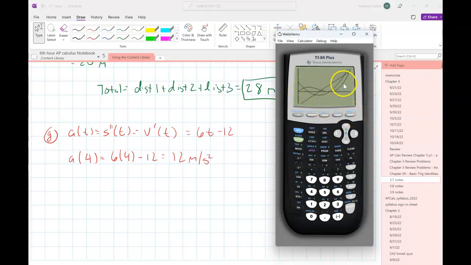So this one is my position function, the one that looks cubic. The parabola is my velocity function, and the straight line is my acceleration function. Everybody's okay with that? So that's H.